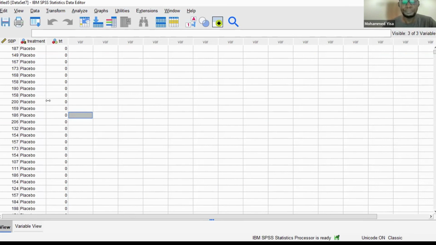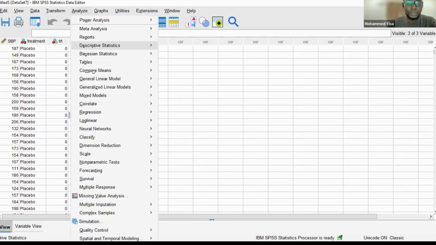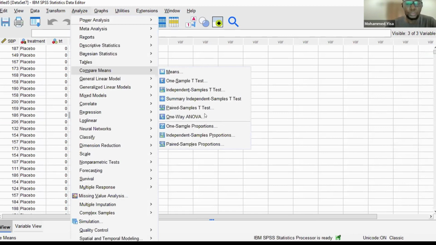So ANOVA is kind of similar to the independent t-test. It's just that it's done across more than two groups. We'll see why in a minute. So we go to analyze, compare means, and we come to one-way ANOVA.